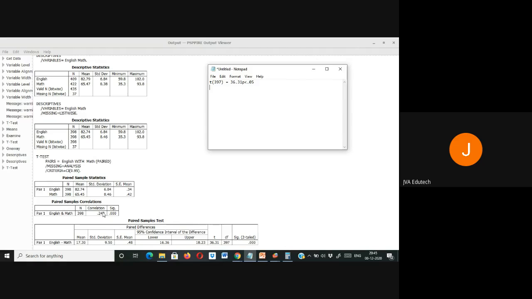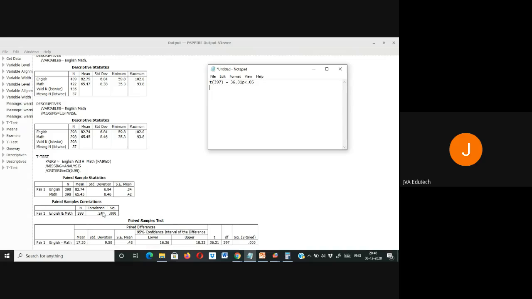There exists a correlation, so sometimes students are brilliant and do good in English and also good in maths. But we cannot say that those who do good in English will do good in math also.